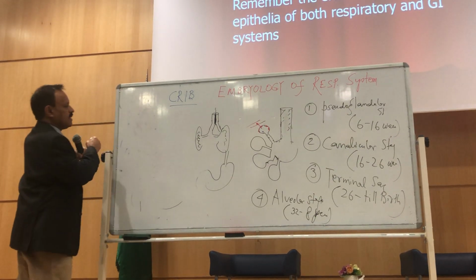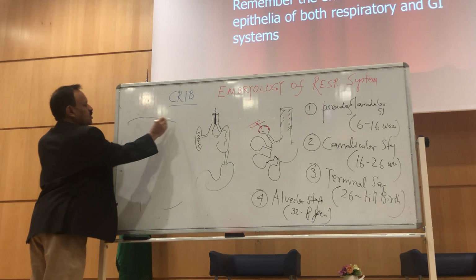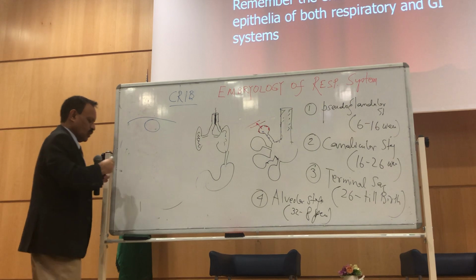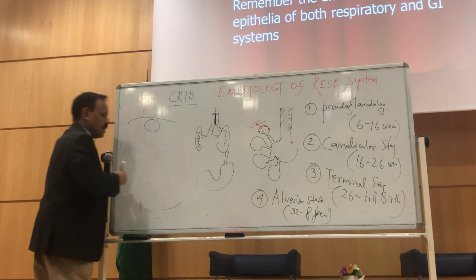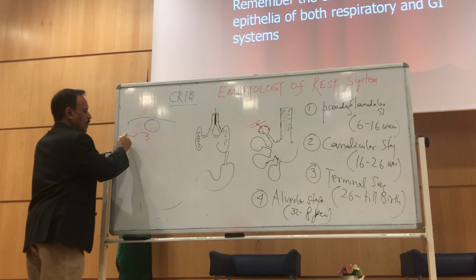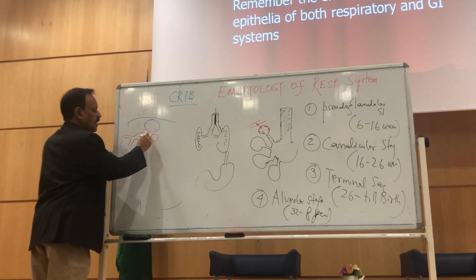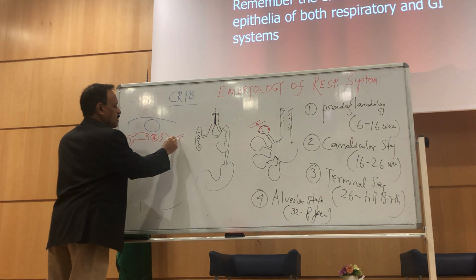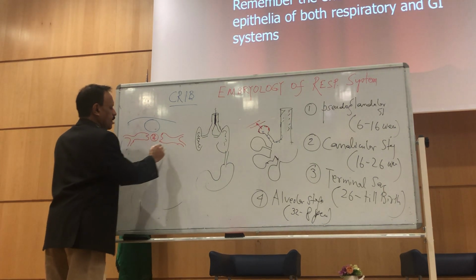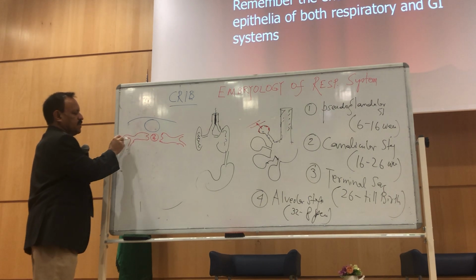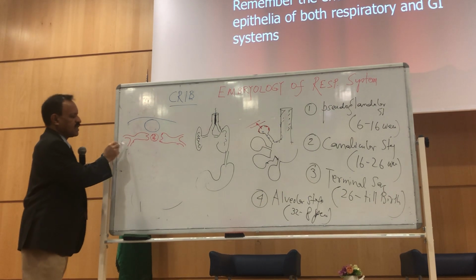The classical diagram: this is the ectoderm, this is the neural tube, and then you have the mesoderm, which is coming this way. And here is your notochord, right? Intermediate, the paraxial, intermediate, and this is the somatic and the splanchnic.